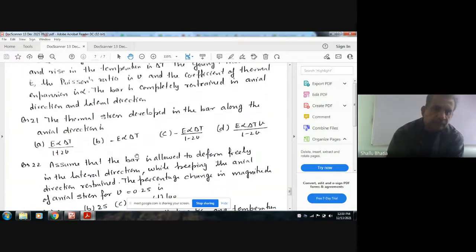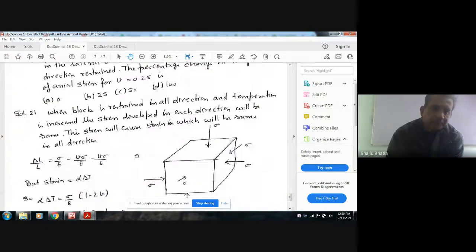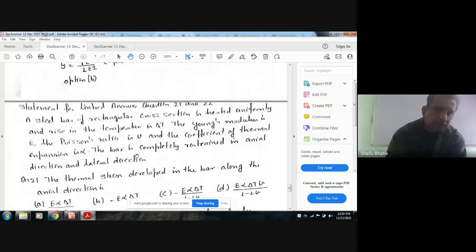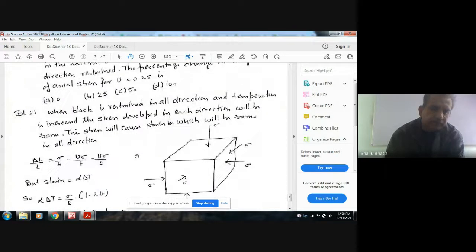Given that in the first question, question 21, the bar is restrained in all the directions and the temperature is being increased. Suppose due to this increase in temperature and the restraint, sigma is the stress developed in each direction.